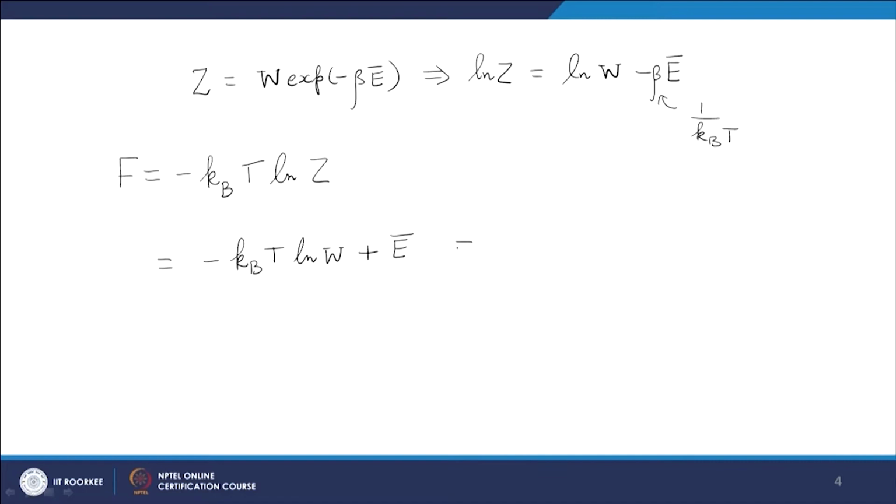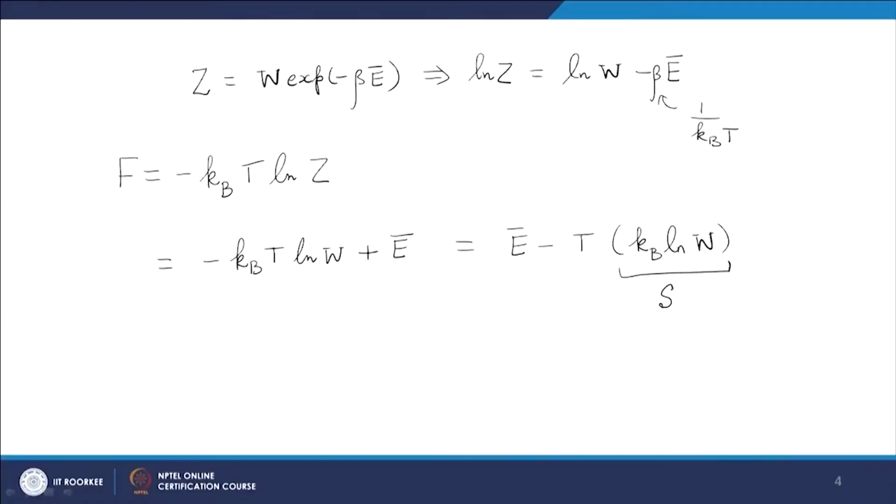So, this we can identify as E bar minus T multiplied by kB ln W, and this quantity, as stated by Boltzmann, is the definition of the entropy. Boltzmann really had a very funny life.